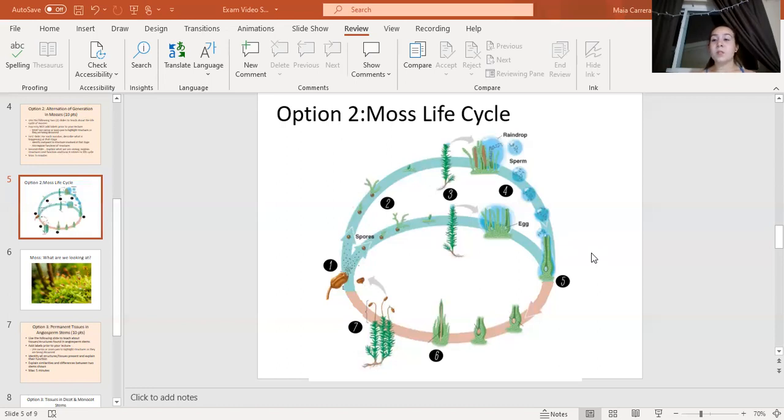But because of how resilient moss are, and due to the fact that they also live in very wet, moist areas, this isn't too much of a problem.